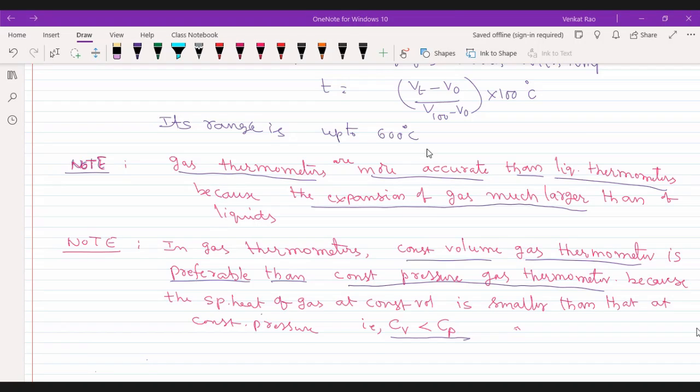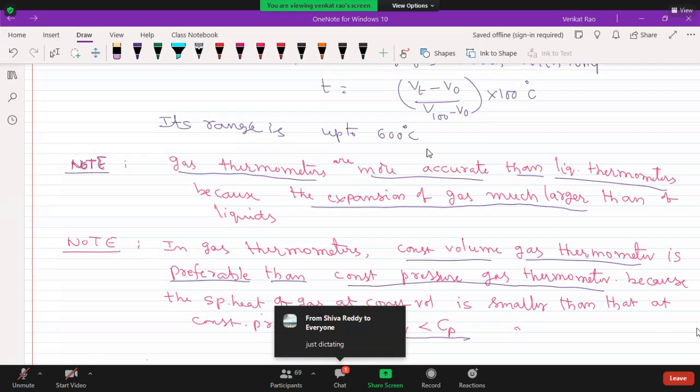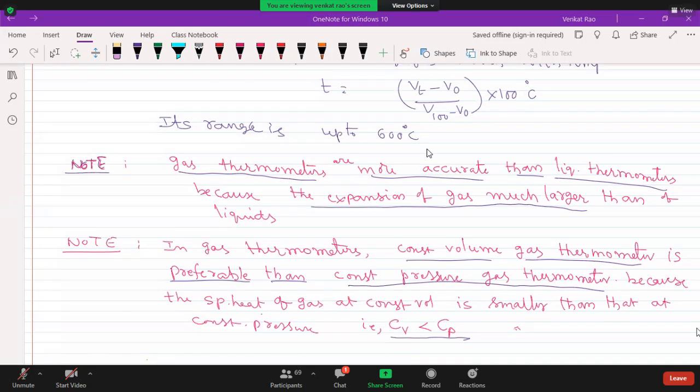Now, a physical quantity x varies linearly with the temperature.